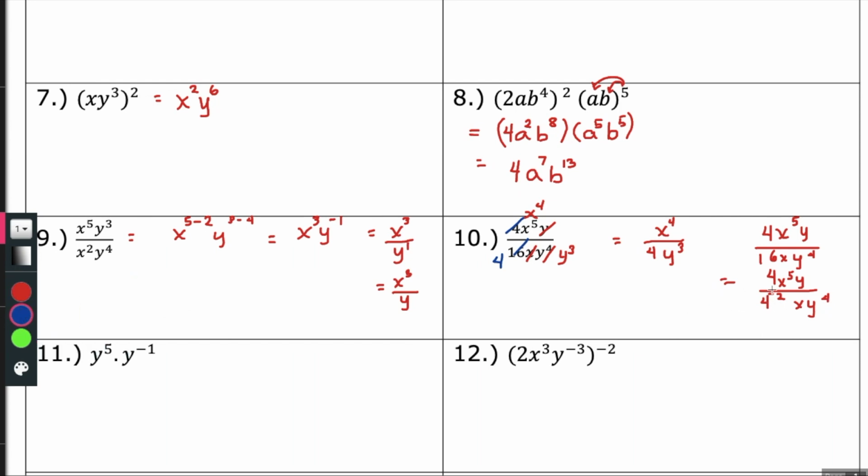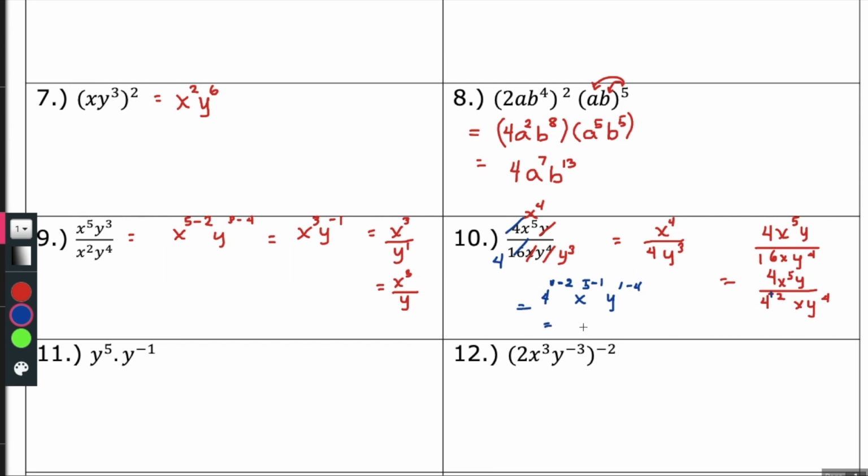Now, 4 raised to 1, sorry, this one should be positive. So 4 raised to 1 minus 2, x raised to the 5th minus 1, and y to the 1 minus 4.